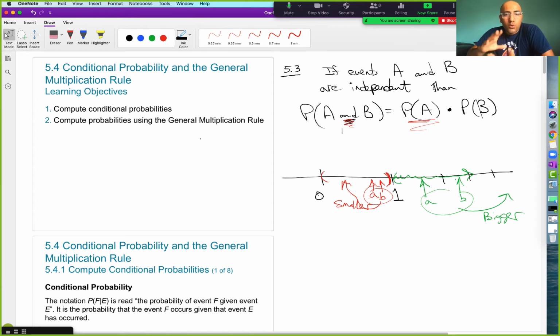Okay, so we're looking at cases where one force does impact the other. The one event might influence the other. So we're going to learn how to compute conditional probabilities, and then we're going to compute probabilities using the general multiplication rule, as opposed to this one, which is the multiplication rule for the cases when events A and B are independent.